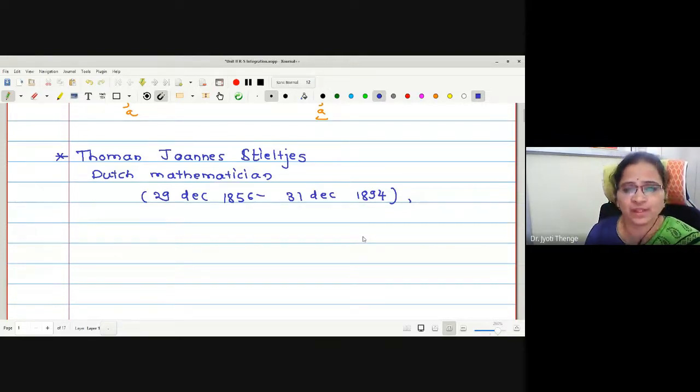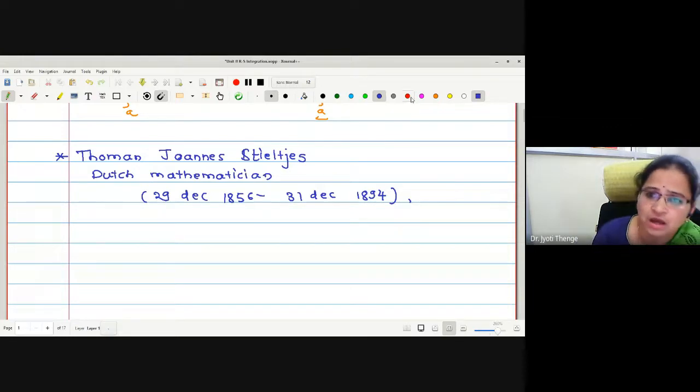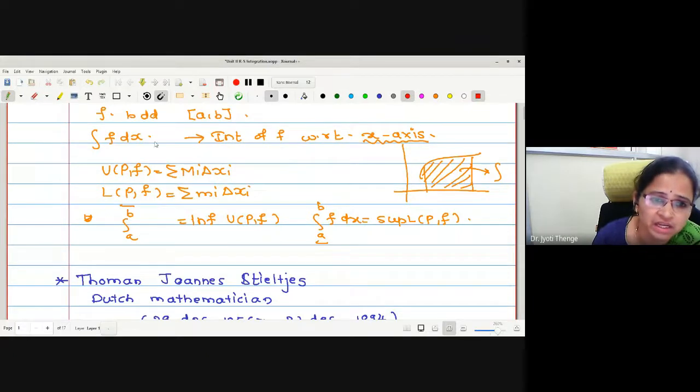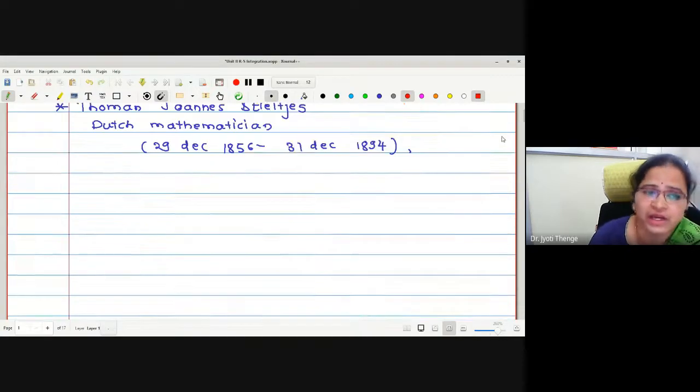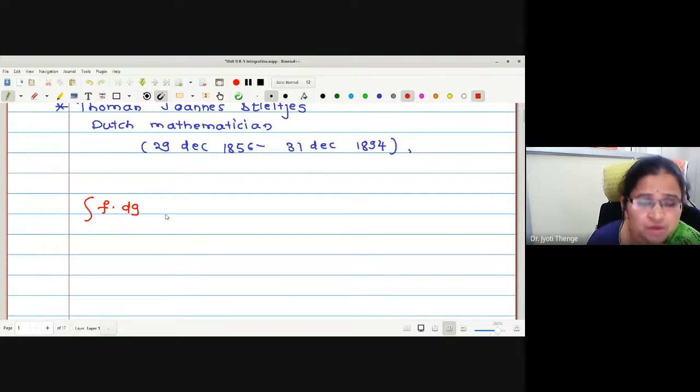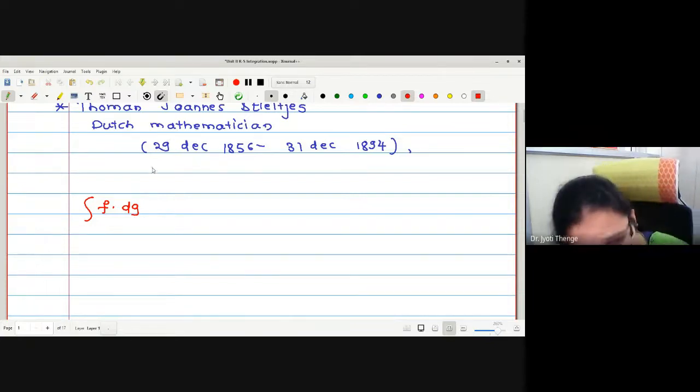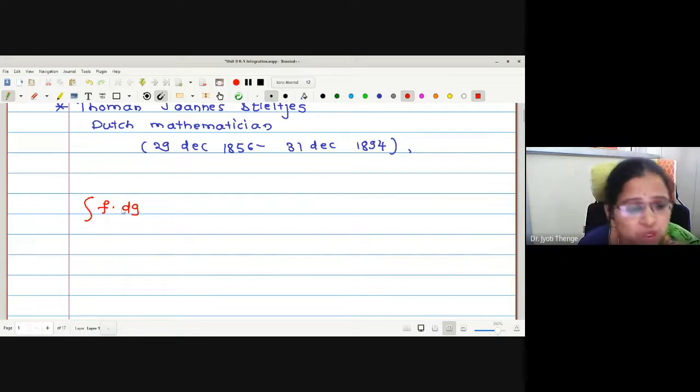So the pair of mathematicians, Riemann and Stieltjes, thought: why were we finding the integration of a function only with respect to one horizontal axis? What happens if we are interested in finding the integration of one function with respect to another function? That is, instead of finding with respect to the x-axis, we are interested in finding the area bounded by one function with respect to the other function.